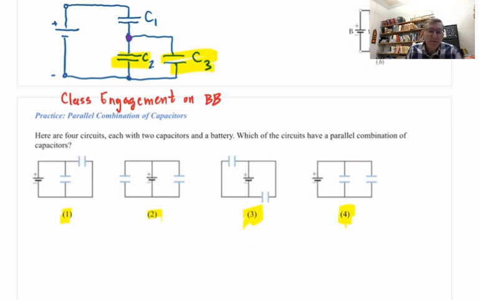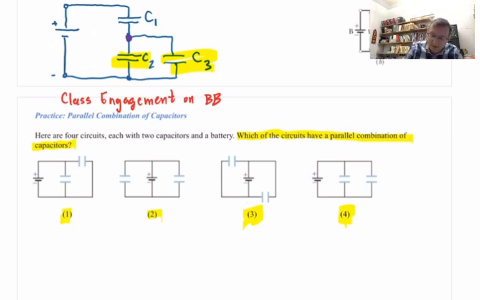Okay, you can think of them as being the same capacitor, it doesn't matter. And you can see the various ways that the capacitors are connected to the battery. The question, which of the circuits have a parallel combination of the 2 capacitors? Okay? Which of those 4 have a parallel combination of the 2 capacitors?